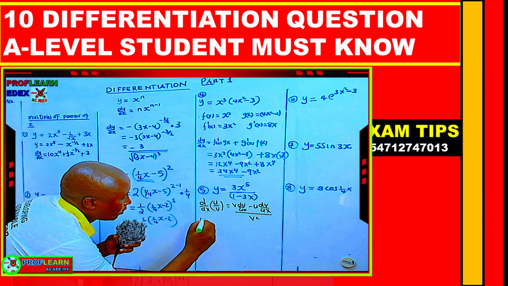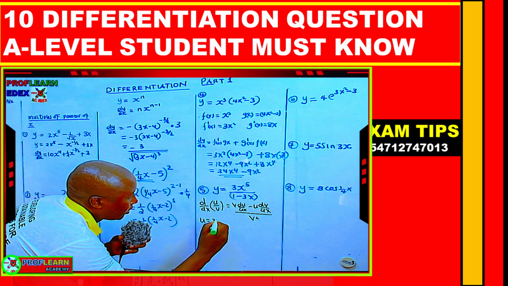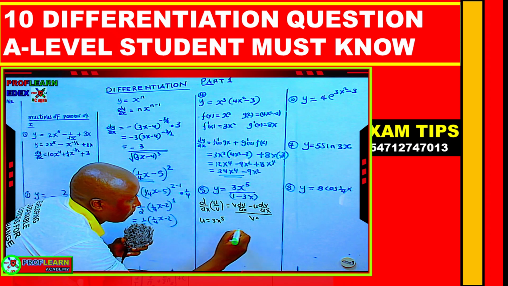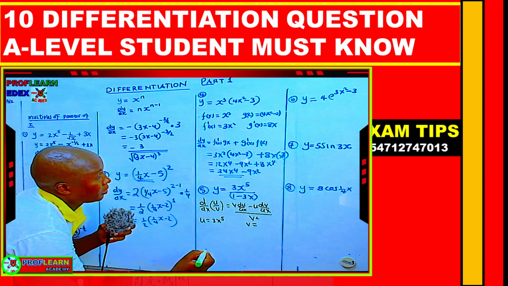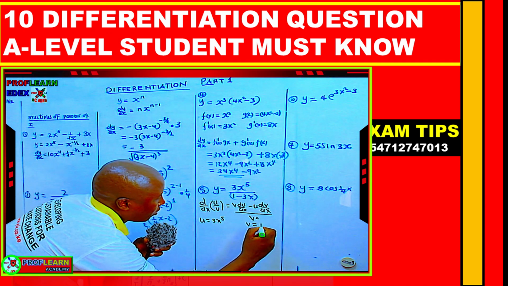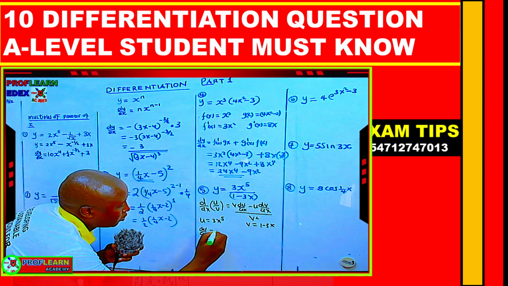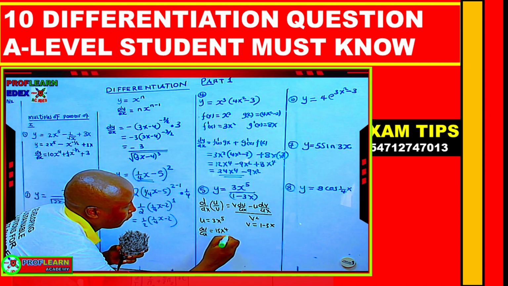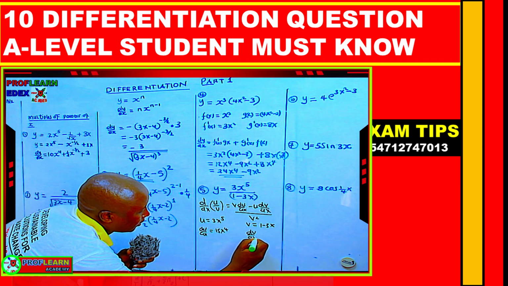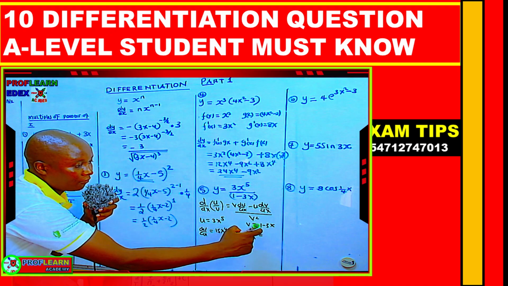Our u is 3x^5, and our v is equal to 1 minus 3x. So du/dx is going to be 15x^4. dv/dx, differentiating v, we get negative 3.